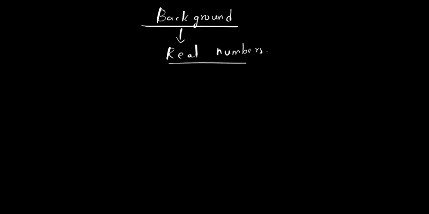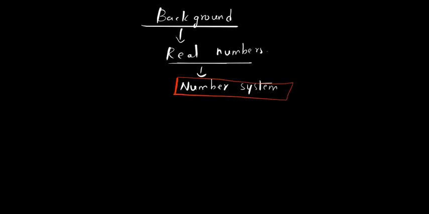That is the number system. So number system is the thing which is supporting the real numbers, because in the number system only we find real numbers. Okay, let's talk about the number system first.